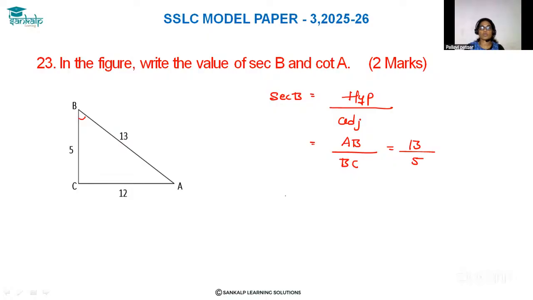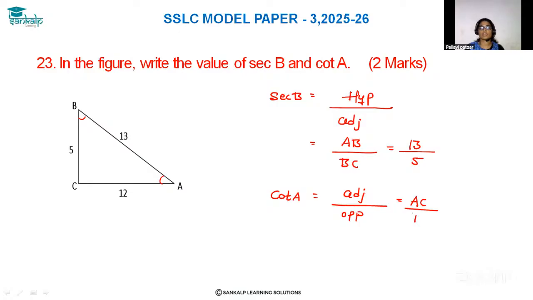So cot A. So what is the cot function? Adjacent side. Okay, so the adjacent side of angle A divided by the opposite side of angle A. So here, which is the adjacent side to angle A? AC. So AC divided by the opposite side, which is BC.